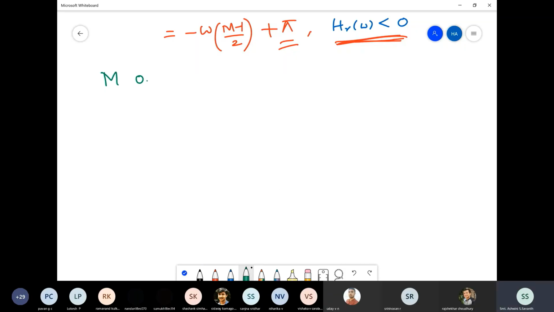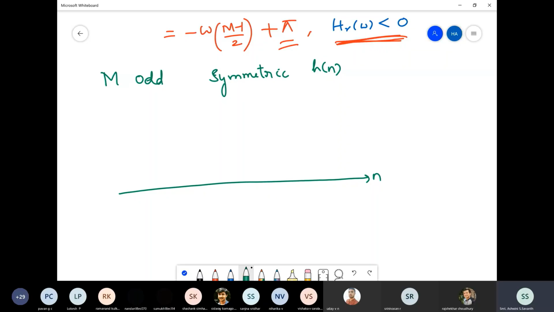So when M is odd and we are talking about a symmetric impulse response, a symmetric h of n when M is odd will look something like this. It should have a total of M samples in it. The first sample starts at 0 and the last sample is at M minus 1. The impulse response is symmetric about the midpoint.